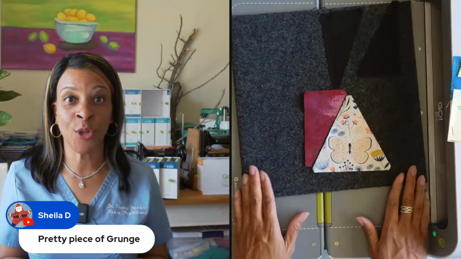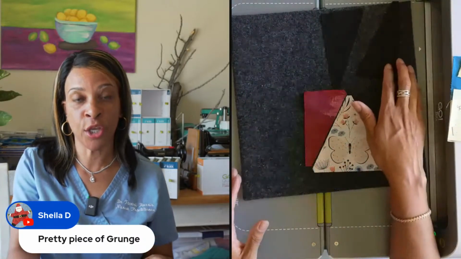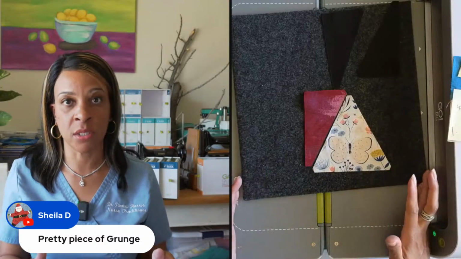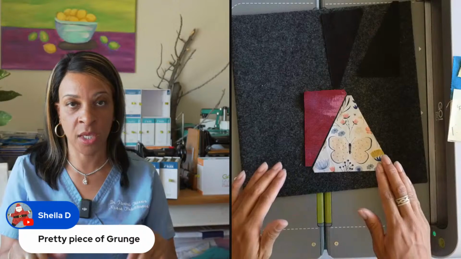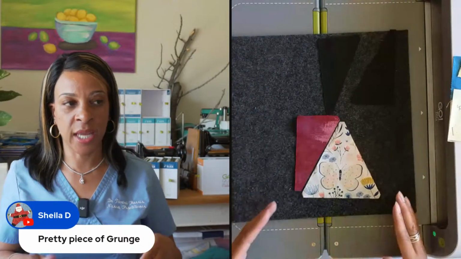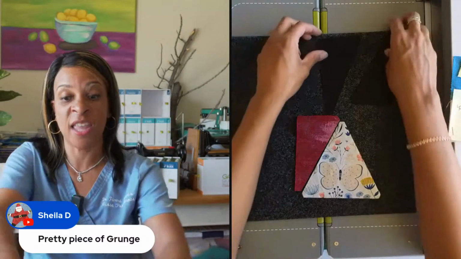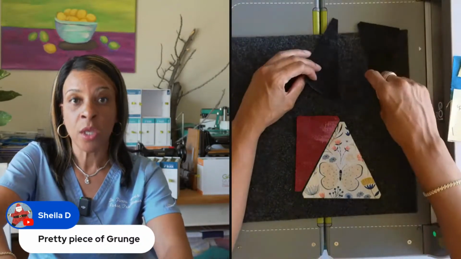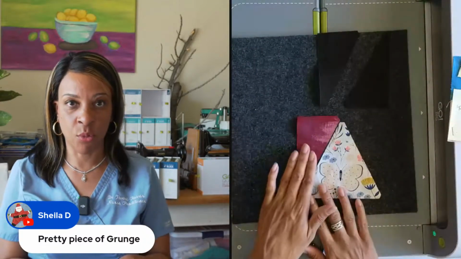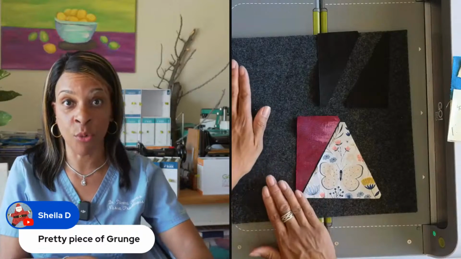Now, here's where you really have to pay attention and mark your fabric correctly using some sort of Post-it system or just leaving the sides the way that they were cut. In other words, instead of removing the fabric off of the die and then flipping it over, all of my fabric that I cut right side up, when I remove it off the die, I just leave it right side up.